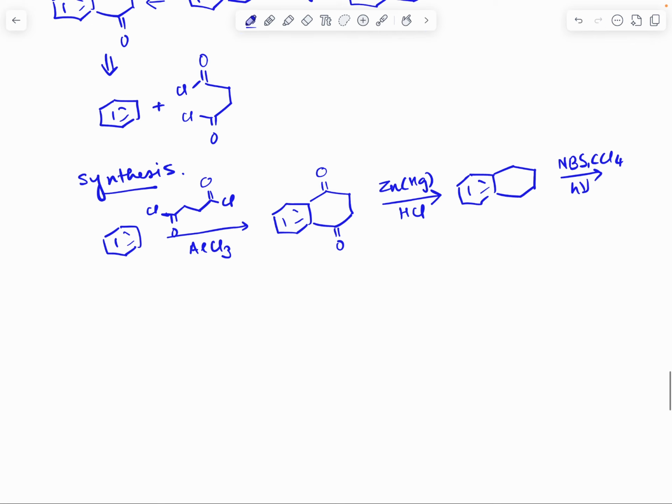And I'll just go ahead and write the product out here. There we go. And then if I add KOH and ethanol, it's going to basically do an E2 elimination. So it's going to grab the hydrogen that's sitting out here and pump off that bromine.